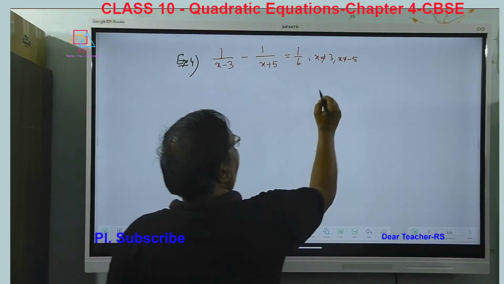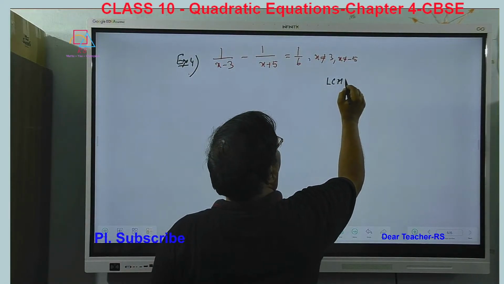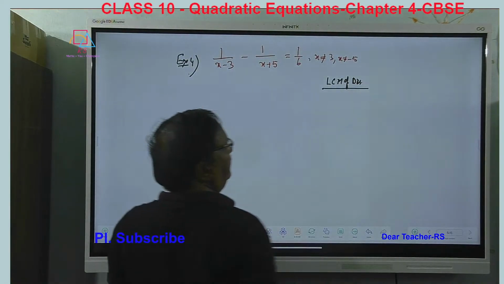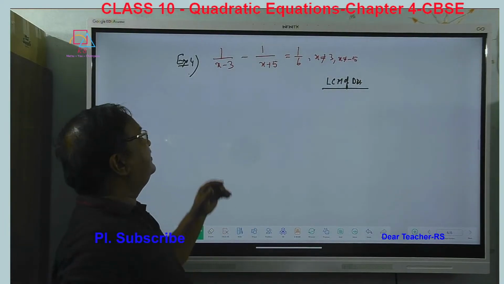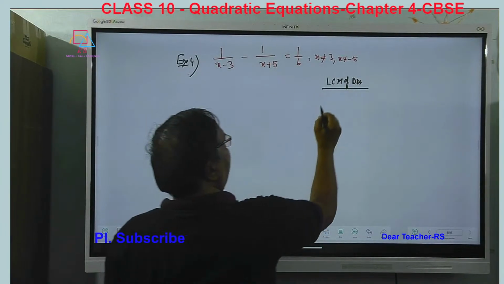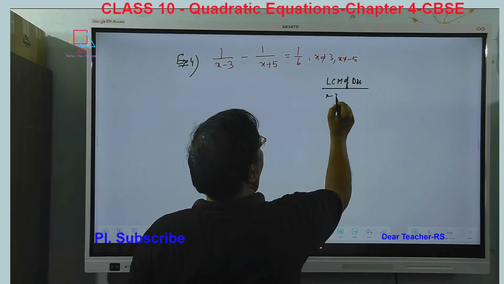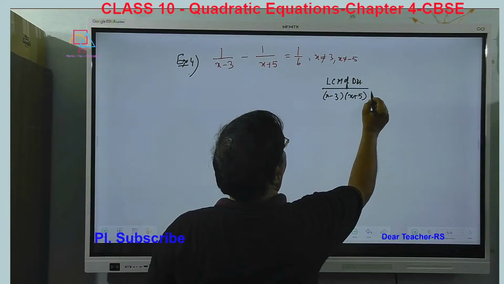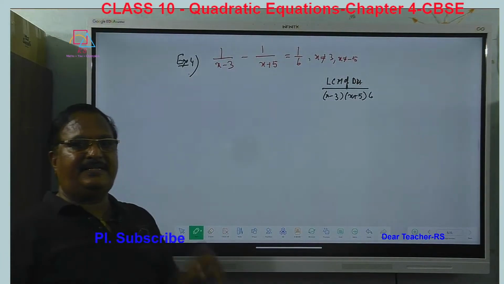You take the LCM of denominators: x minus 3, x plus 5, 6. All three are different, so x minus 3 into x plus 5 into 6 is the LCM.